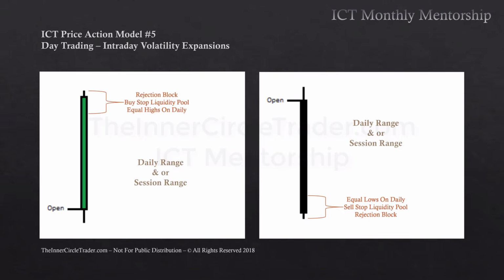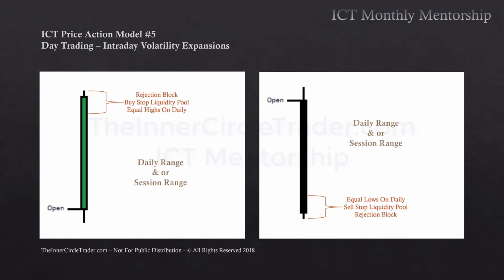of a candle. If it's the daily range and or session range, ideally we're going to be looking for a bullish range if we're trying to buy, and we would anticipate that same scope in terms of upside expansion on the London kill zone and or the New York kill zone, targeting a rejection block above market price, a buy stop liquidity pool, or equal highs on the daily.